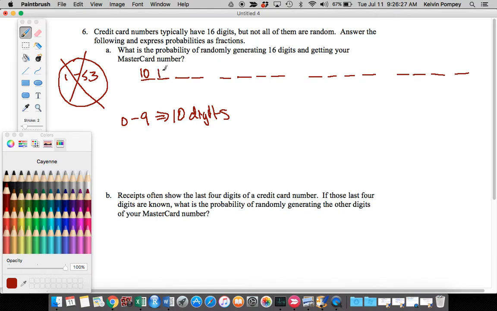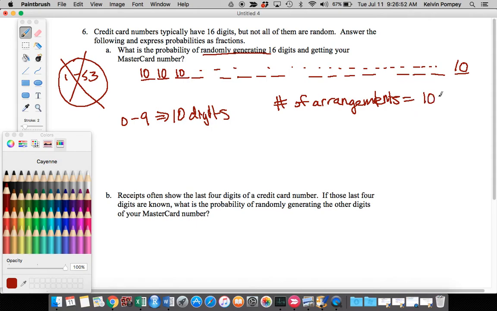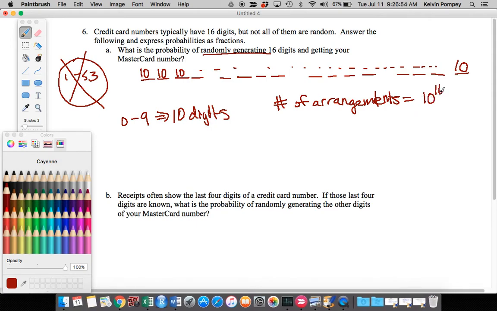The second one can be from 0 to 9. That third one can be from 0 to 9. All of these can be a digit from 0 to 9, if we're randomly generating them. And so the number of arrangements, or the sample space, is 10 times 10, 16 times, or 10 to the 16th.